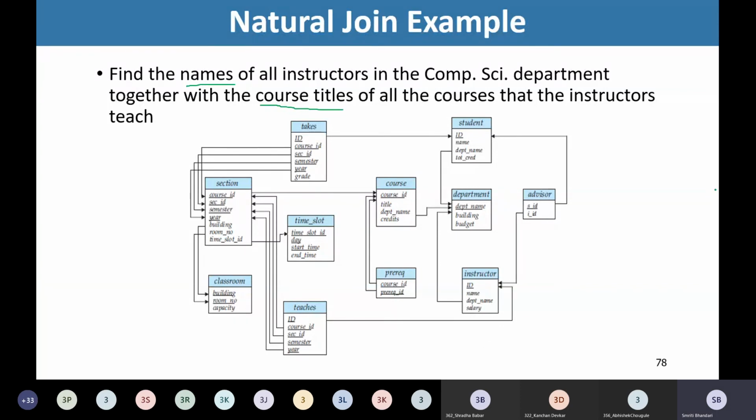We want the name of the instructor and the title of the course taught by that instructor. The instructor should belong to the computer science department. Which tables, which relations, are to be used?